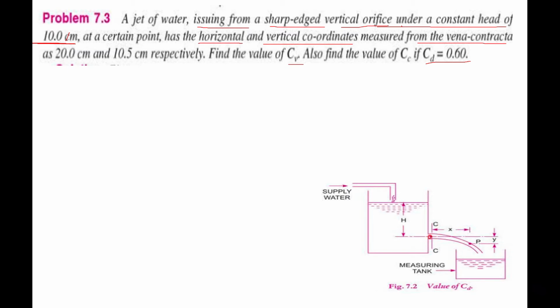Let us take one single fluid particle on the vena contracta. From that vena contracta you measure or mark the x direction, that is x, and from the center of the orifice, or from the center of the CC, let us mark the position of the fluid particle in the y direction, that is y.